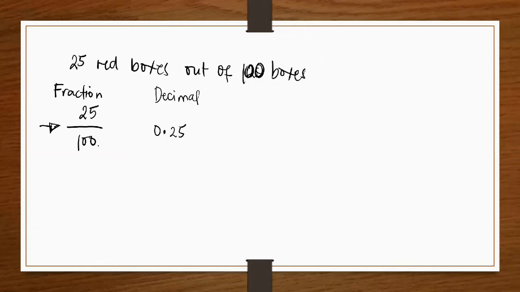So we have two zeros, and then sa ating numerator, we start with the decimal point since it is a whole number, and count 2 decimal places to the left, and that would be the new decimal point. So since the decimal point is here, our decimal is 0.25. Okay, so now we have the decimal.